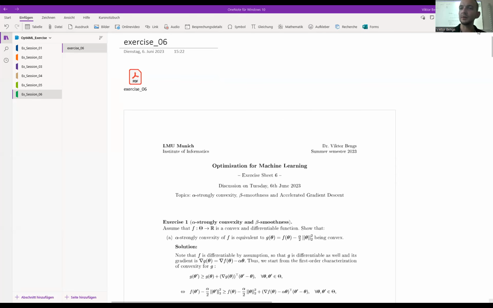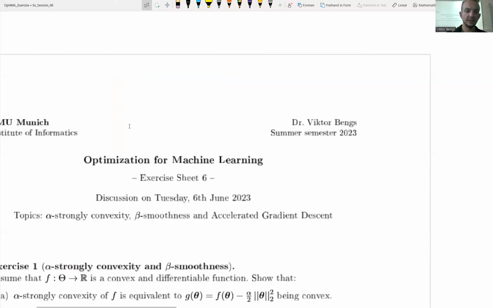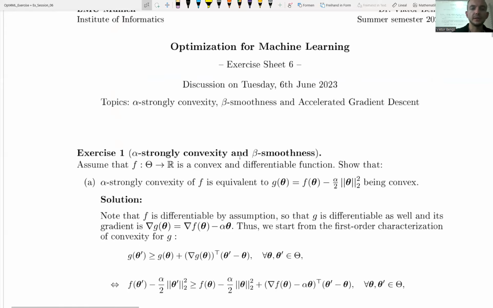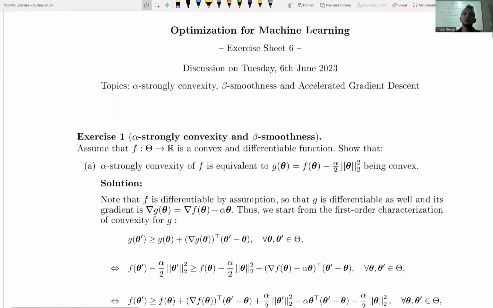So accordingly, we are talking about the exercise sheet number 6, where we have the topics. First of all, we want to look at a couple of properties of alpha strongly convex functions and also beta smooth functions, which might come in handy for us later on.